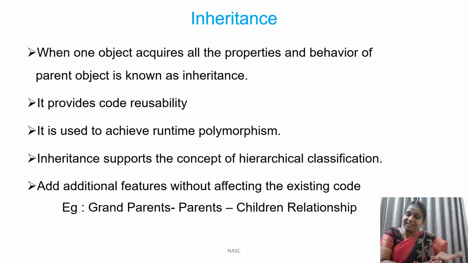If this is the scenario, there's no need to define the same code again and again. If the code is written in grandparents, that can be used in children. If the code is used in the parent class, that can be inherited inside the children. This is how code reusability can happen.